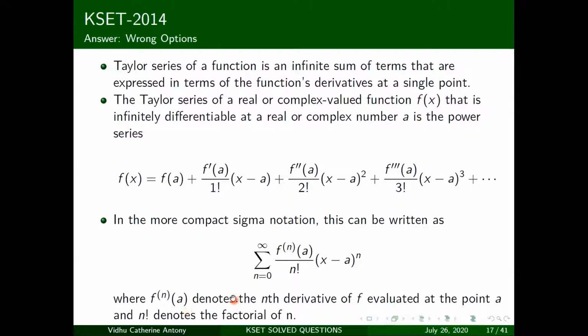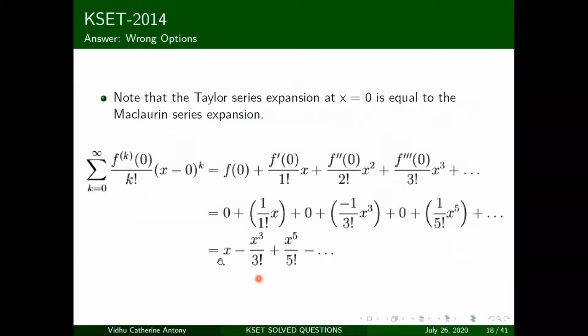Okay, so this denotes the nth derivative evaluated at point A, and n factorial denotes the factorial of n. Okay, so let's look at this, okay? So this is your Maclaurin series basically doing the same thing at the point 0. So your f kth derivative, I just put a different value here, kth derivative at 0 divided by k factorial, okay, x whole power k, and then you substitute 0 for everything that you had there, okay, previously.